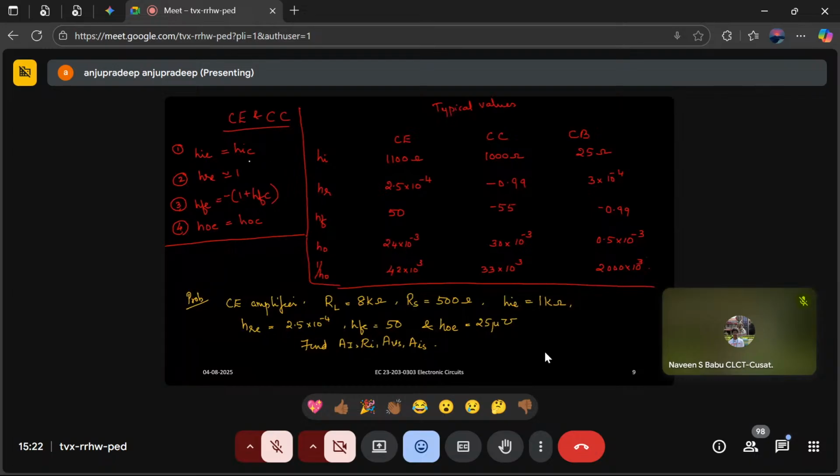Because common collector is normally used for impedance matching and buffer sort of thing, not much importance is given to that. Now these values also you have to take down, and take down this problem also.